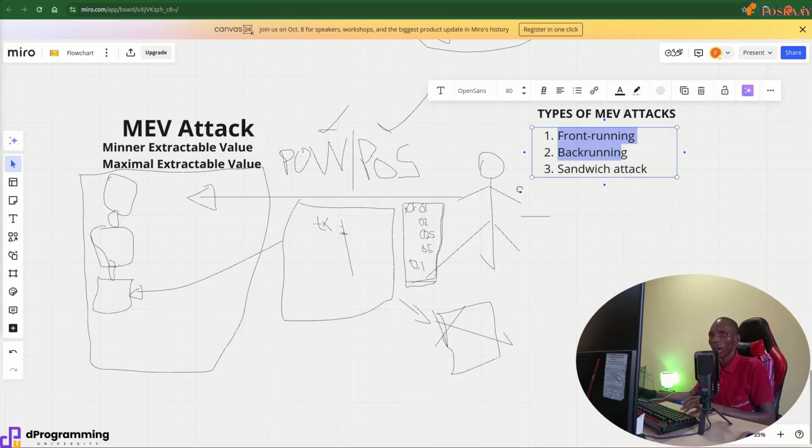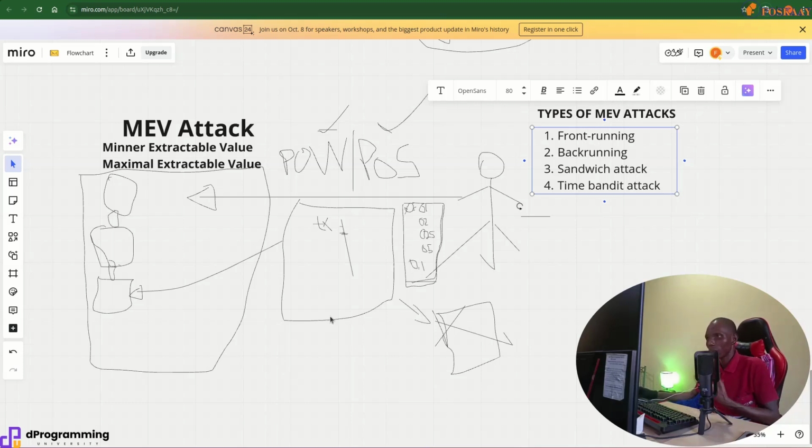Then there's another one. There are a lot of them. Let me know in the comments which other one I may be leaving out of here. I've also heard about one they call the time bandit attack. The attacker reorganizes past blocks to exploit profitable opportunities.